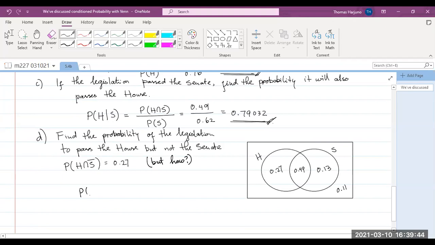We know the probability for the legislation to pass the House, right? To pass the House is this. But how does the legislation also interact with the Senate? We see the probability that it passed the House is equal to the probability it passed the House and the Senate plus the probability it passed the House and not the Senate.